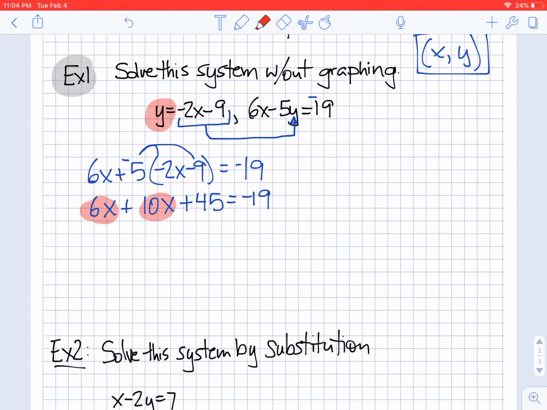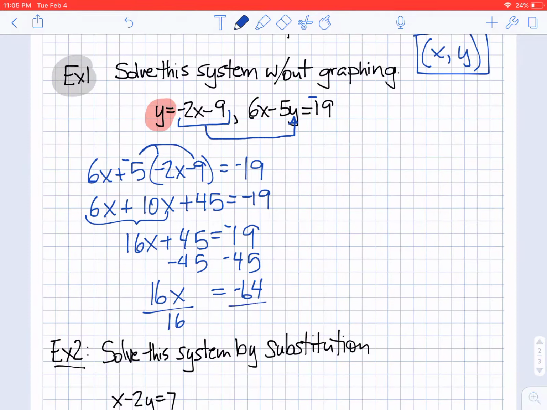My final step, get rid of the 16 by dividing by 16. And so we end up with an equation that says 1x equals negative 4. You can check that in your calculator, but I think negative 64 divided by 16 is negative 4. Good news, this gives me half my answer.